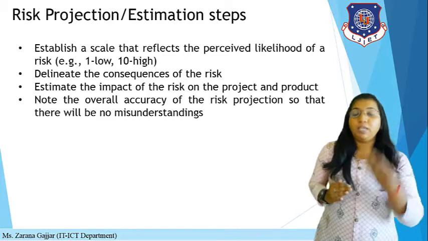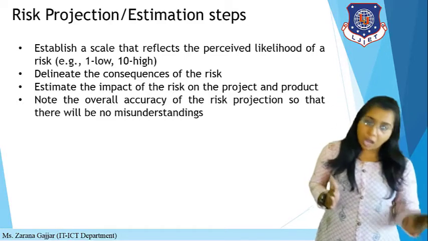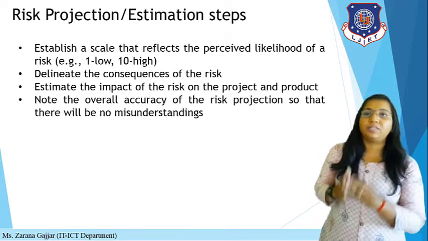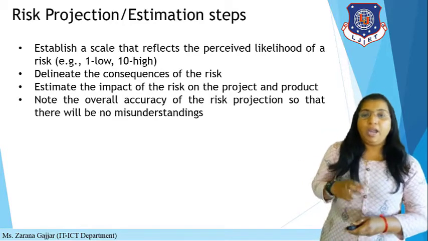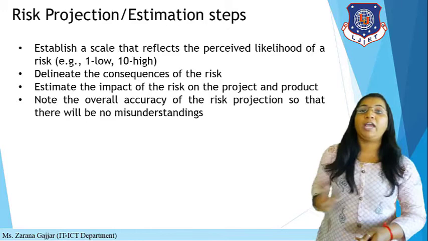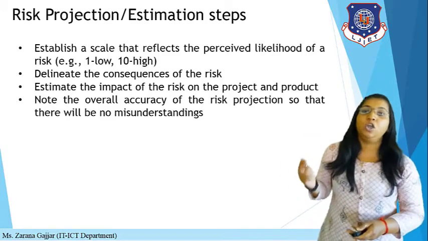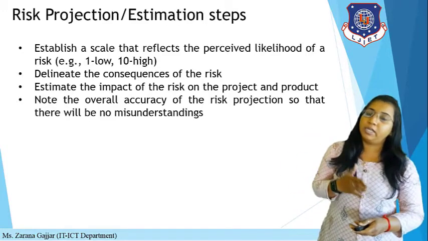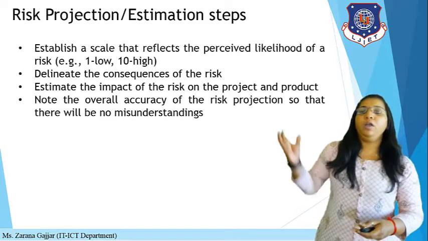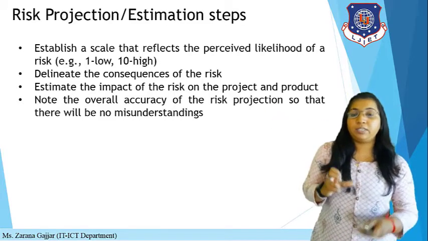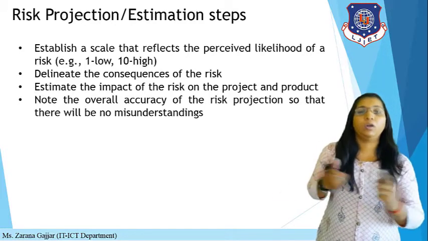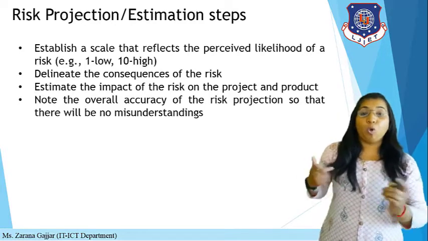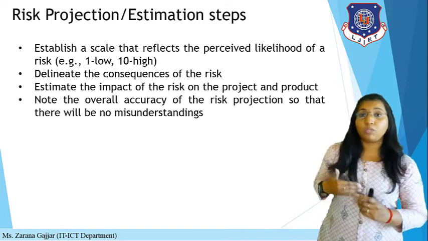Then you have to estimate the impact of the risk on the project and product. So what is the impact, meaning low impact or high impact? You have to estimate the impact of the risk for the particular product. And you have to note the overall accuracy of the risk projection so that there will be no misunderstanding. If one team member gives a risk and the same risk is given by another team member, a conflict occurs and it also leads to an increase in cost.